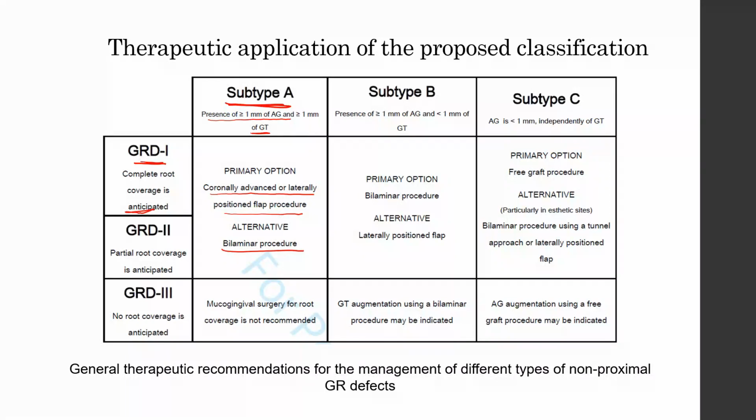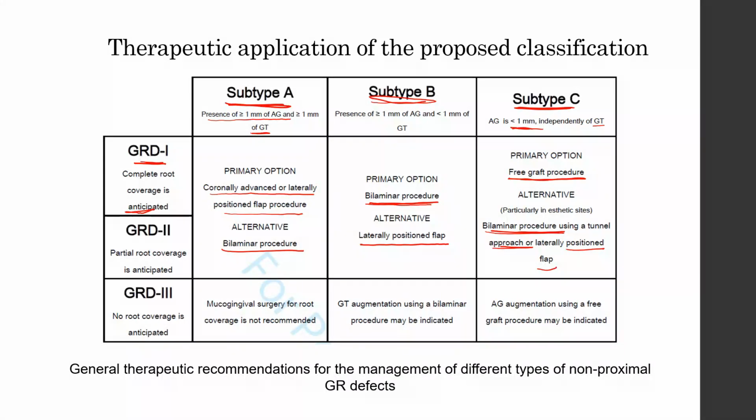Alternatively, we can go for the bilaminar procedure. In GRD1, again complete root coverage is anticipated, but with subtype B of the gingival biotype, the primary option is the bilaminar procedure and alternatively the laterally positioned flap. For the combination of GRD1 and subtype C, that is attached gingiva less than 1 mm independent of gingival thickness, the primary option is free graft procedure, alternatively bilaminar procedure using a tunnel approach or laterally positioned flap.